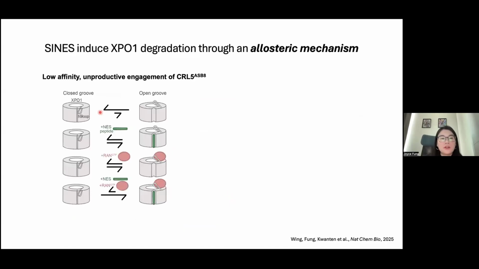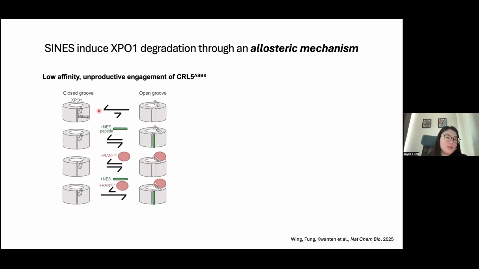So let me elaborate a little bit more on that as well. Normally, and this is kind of a redrawing of what I showed you earlier in the introduction, when there is no inhibitor around, the groove will have an equilibrium to go from closed to open, right? So there's a minor population that the ASB8 may engage. And that's the same for this case. When REN is present, there is a minor population that may be able to engage ASB8.